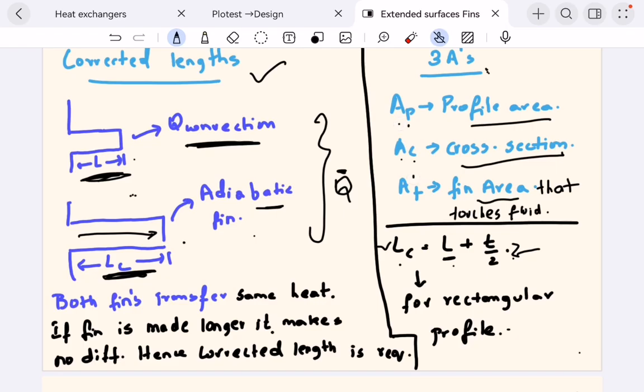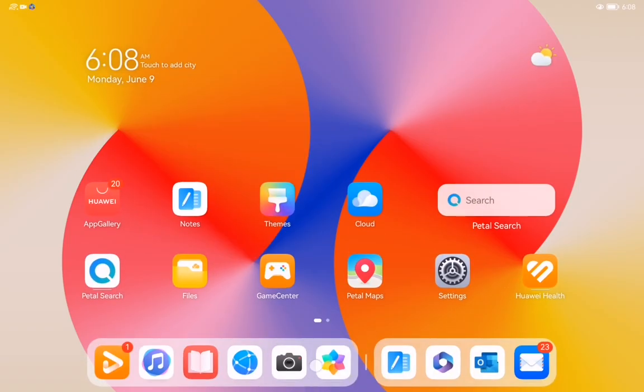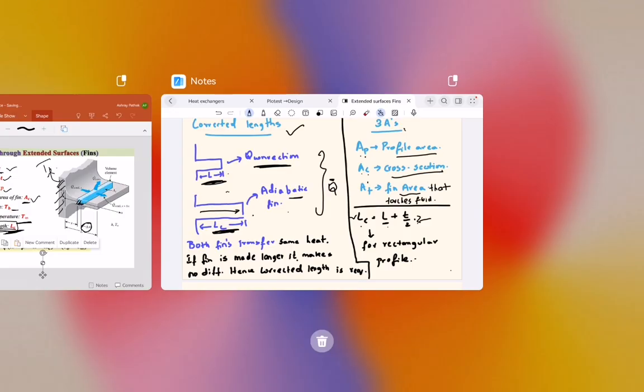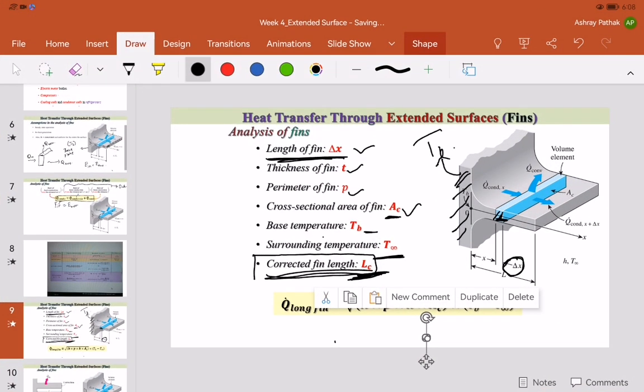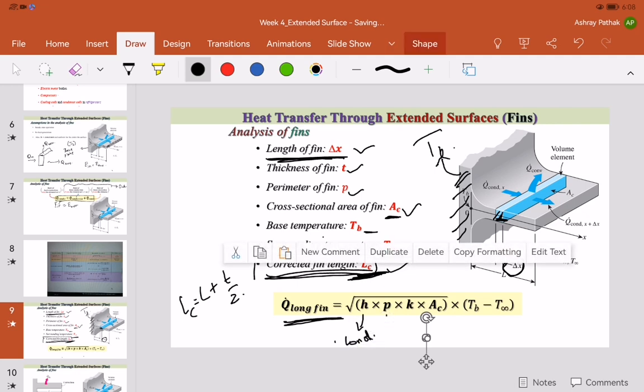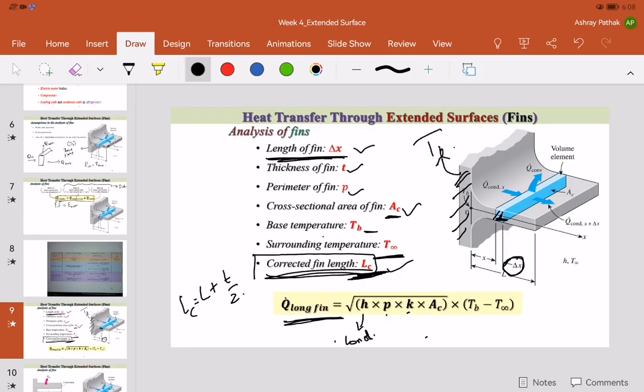Okay, so let's go back to our slide. So that's the purpose of corrected length. Corrected length in case of rectangular fin is L plus thickness by 2. This is a general formula for long fin. K stands for thermal conductivity, H stands for the convection heat transfer coefficient.